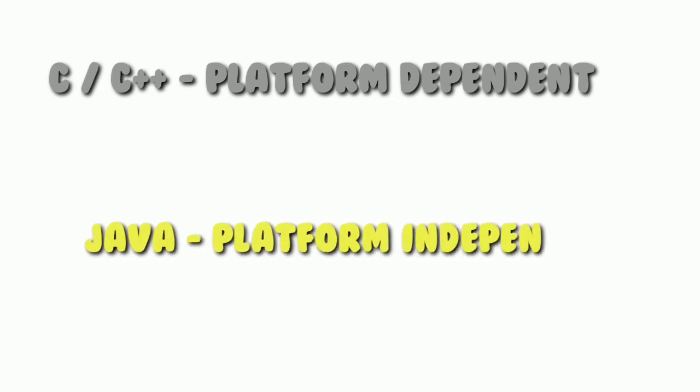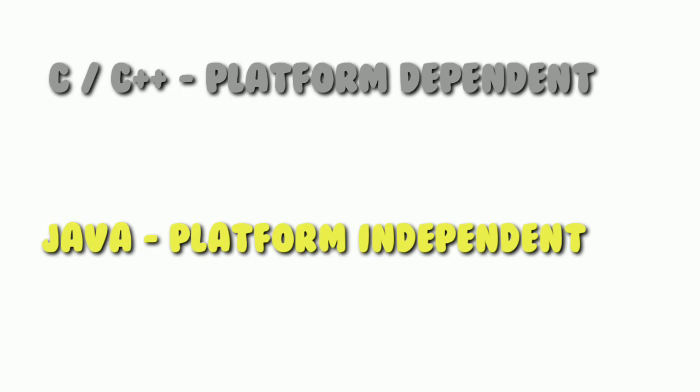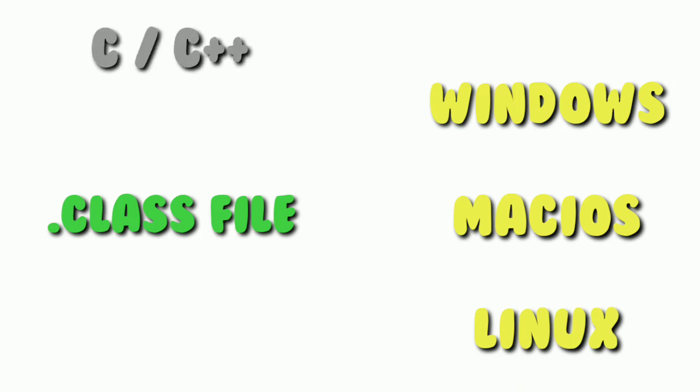So in the past we had C and C++ programming languages, which are not platform independent. Because of this, Java was invented to make it platform independent. Whenever you write a program on Windows and want to share it with another system like iOS or Linux, the code you send is not actually going to run on those systems because the inner process will be totally different.